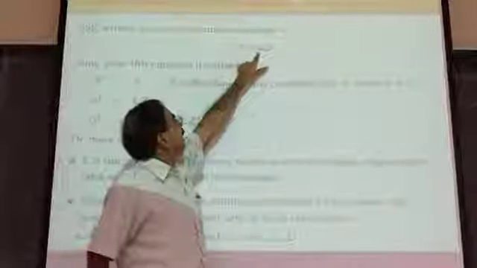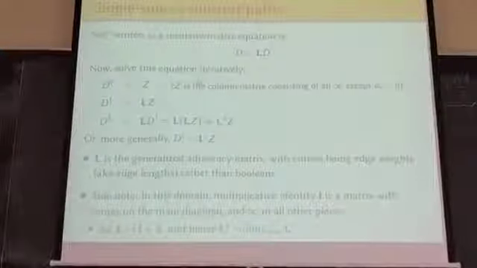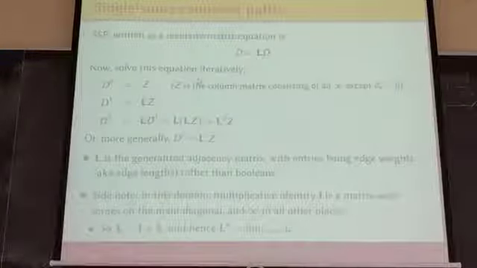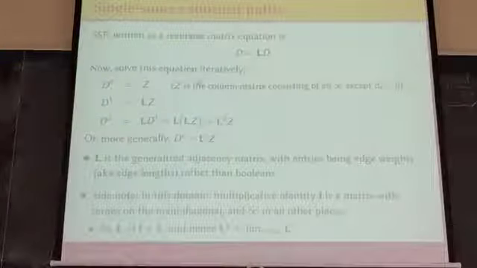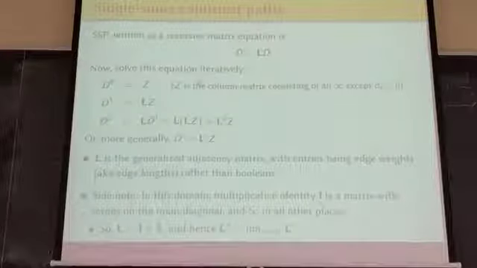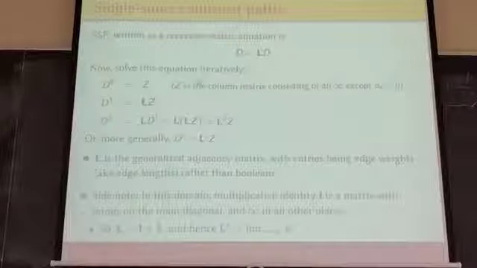Okay, so once we do this, we have this equation. D is the distance matrix, and L is the adjacency matrix of the graph, except that instead of just telling you whether it's 1 or 0, each entry in this matrix L tells you the length of that particular edge, or we also call it the weight of that edge.